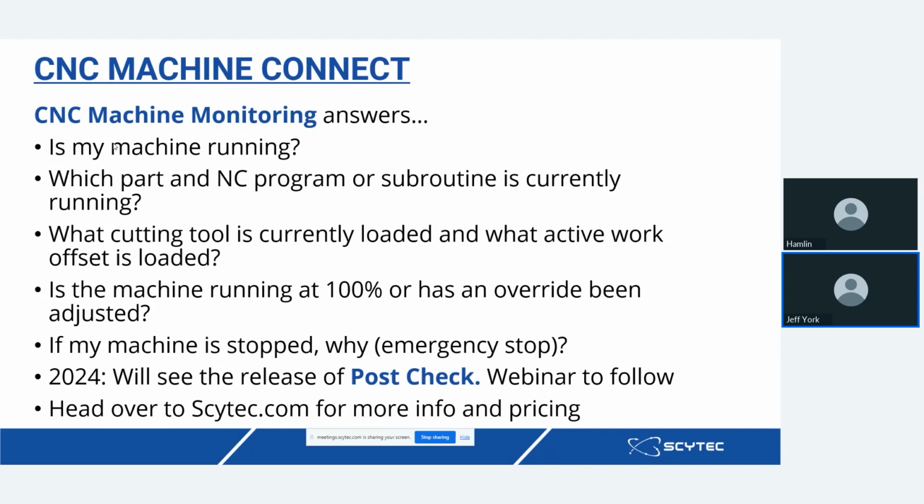But then also very specific things like which part, NC program, or subroutine is currently running, what cutting tool is currently loaded, and what active work offset is loaded. Is the machine running at 100% or has an override been adjusted? If my machine is stopped, what is the reason for that? Is that an E-stop? Is that a program hold, an M1 or an M0?